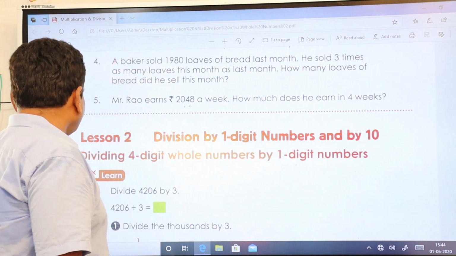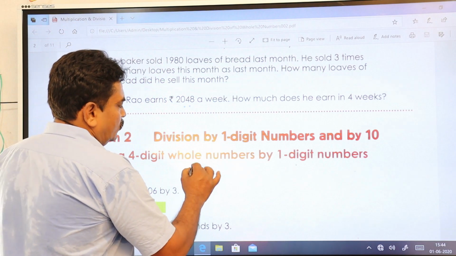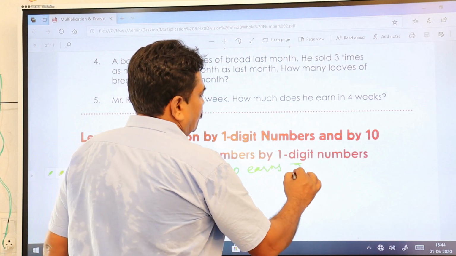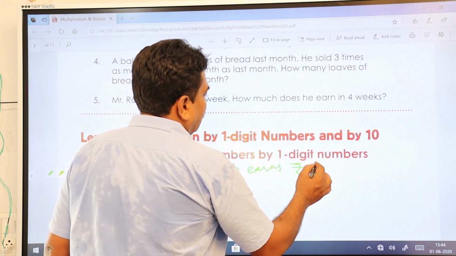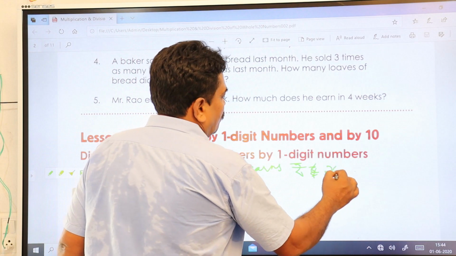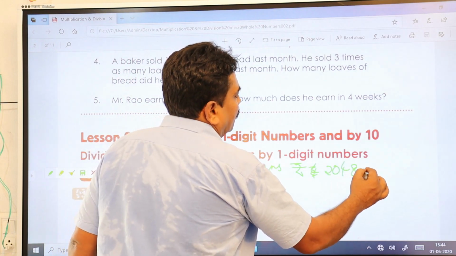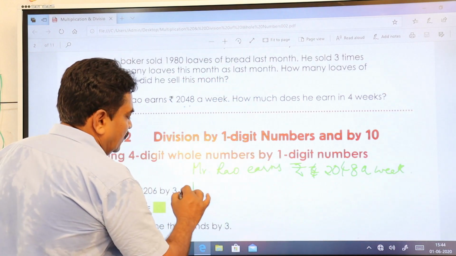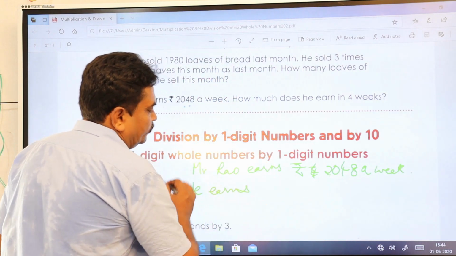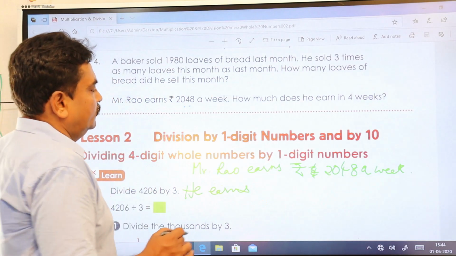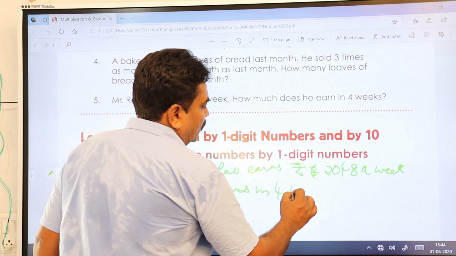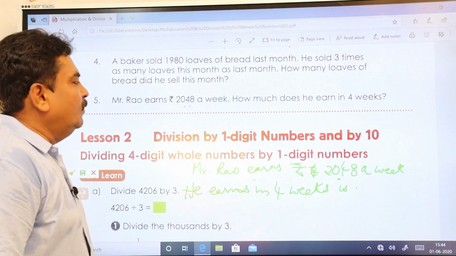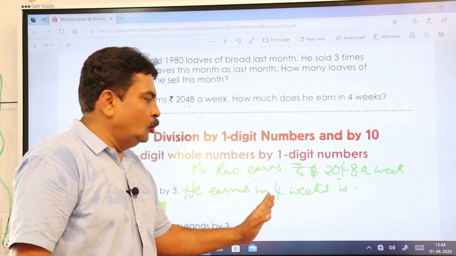Let's do. Mr. Rao earns rupees 2048 a week. He earns in 4 weeks, you have to multiply 2048 into 4.